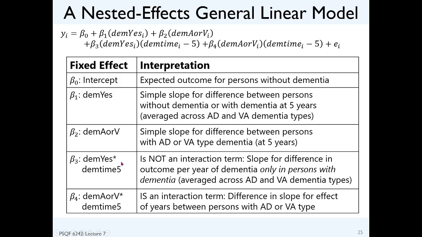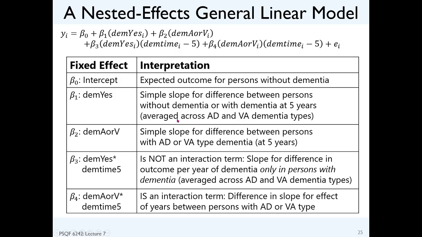So then this term, beta 3, is the slope for the difference in the outcome per year of dementia only in persons who have dementia. So dem time does not get to have an effect unless we're talking about the yes group.